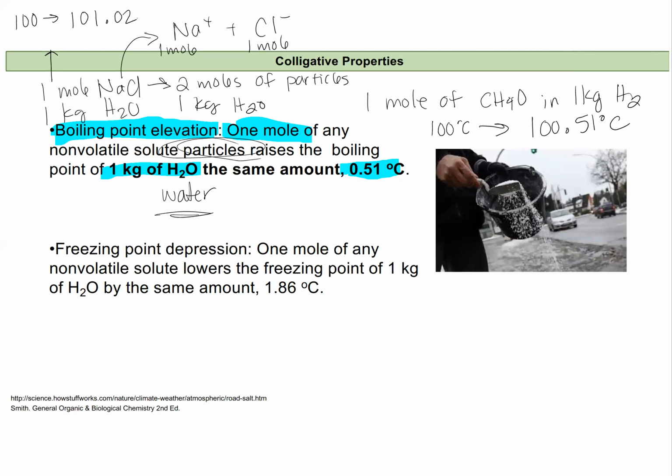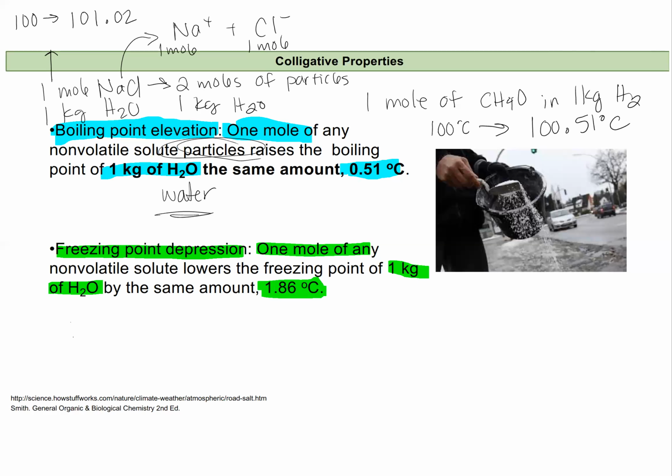Now looking at freezing point depression, it doesn't mirror this exactly. So we actually see a larger change in the freezing point based on the amount of solute added. Again, we're just looking at 1 kilogram of water, and to decrease the freezing point by 1.86 degrees, you need to add 1 mole of a non-volatile solute.